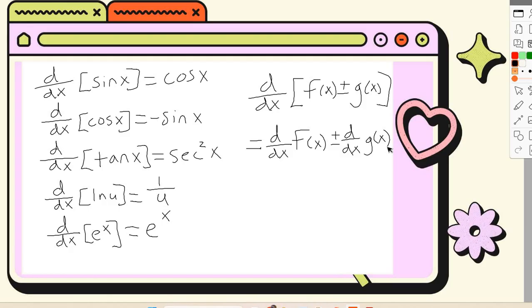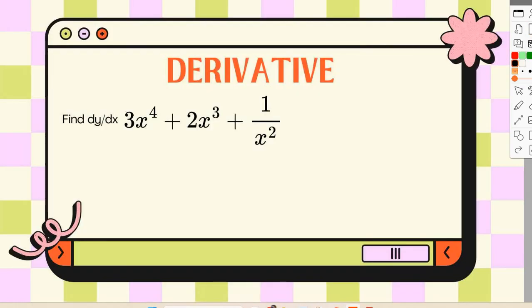Okay, so let's look at an example. Here we're just adding and subtracting, like I said. So let's use our power derivative rule. If I bring down my 4, what do I get? 3 times 4 gives us 12. If I subtract 1, what do I get?